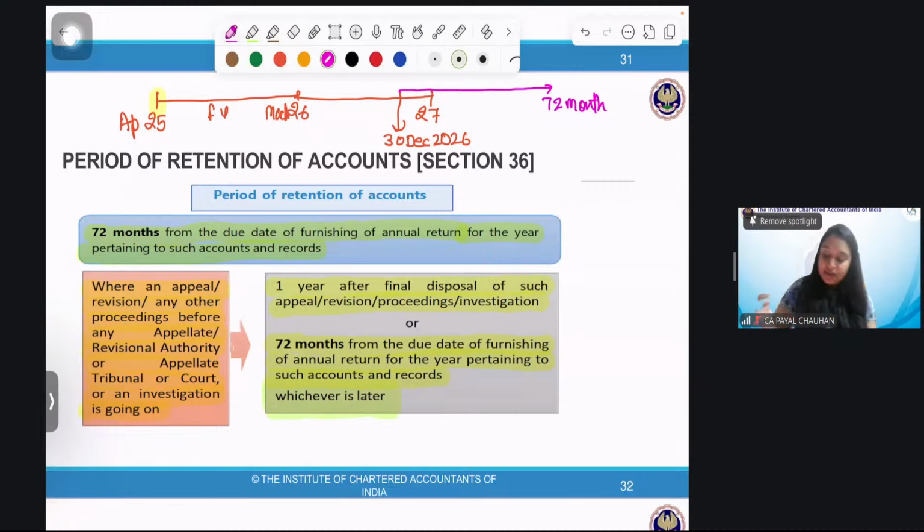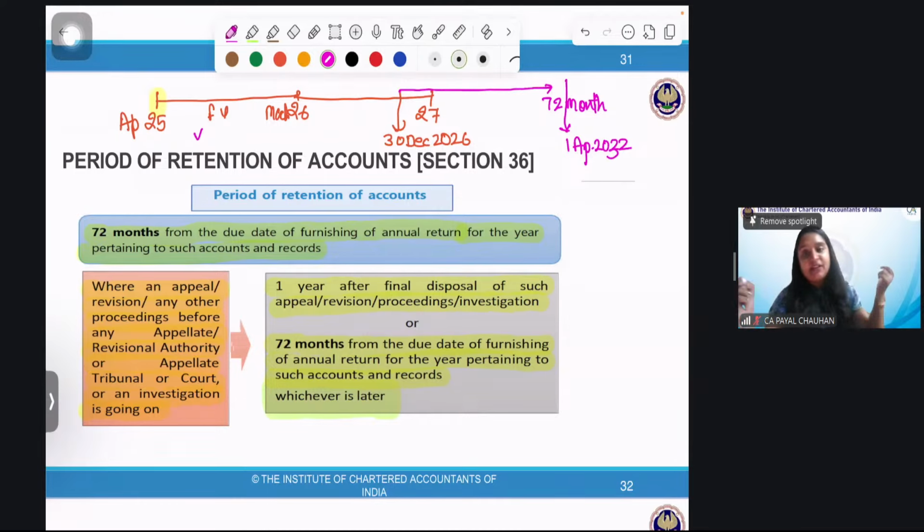Now tell me one thing. There is an investigation going on for financial year 25-26, and the decision came on 1st April 2032. A very long decision was there. Now tell me, till what time we need to maintain books of accounts?